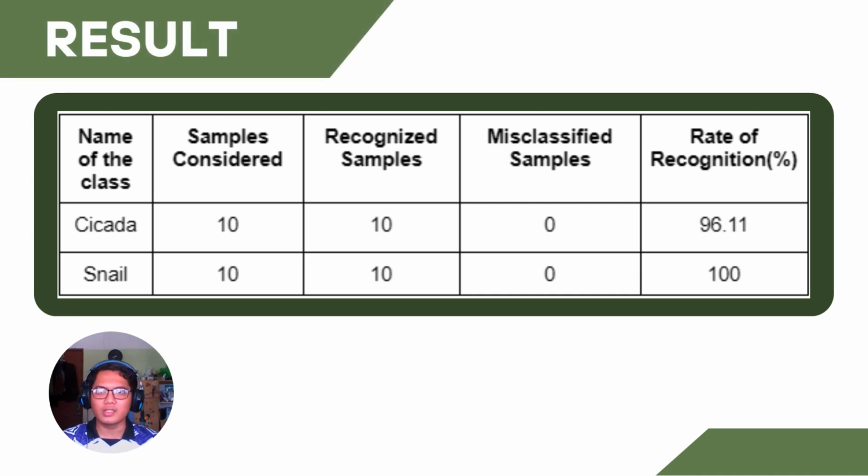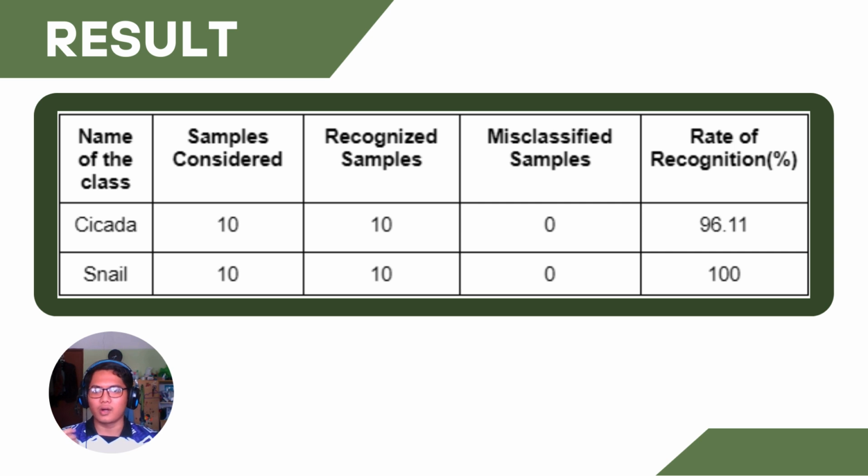For the result, we can see the table provides the recognition rate for the insects considered in the experiment. For the experiment, we use types of insects such as cicada and snail. Using this data, we can calculate the overall recognition rate, which is determined to be 96.11% for cicada and 100% for snail.